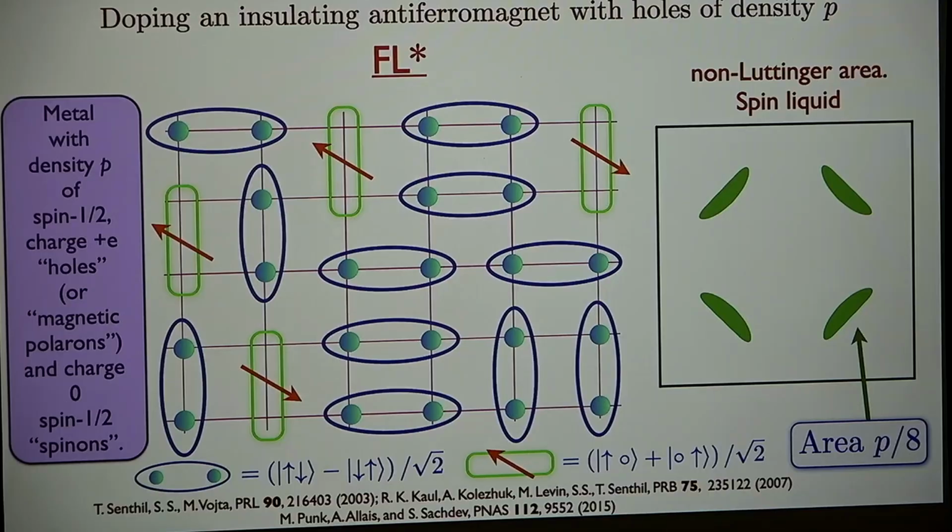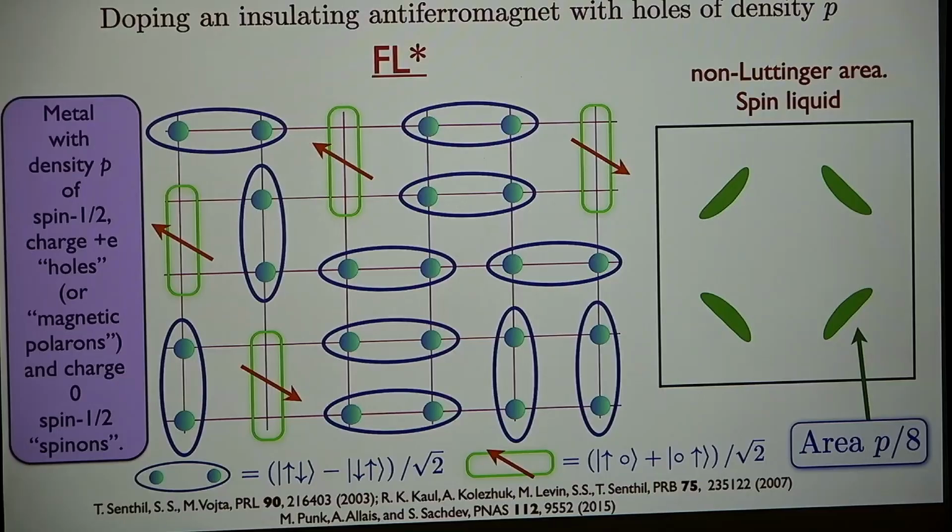It has to be a fermion. So the green objects are highly renormalized electrons or holes. They carry charge plus e, spin a half. They're not holons, they're holes. And they can move around. And they're also fermions. So this is the state we call FL* in a very cartoon point of view.